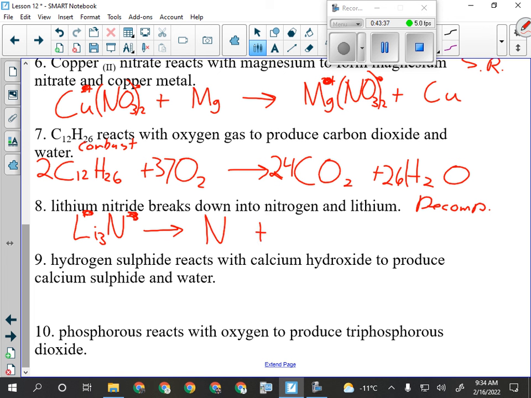Now, here's where it gets tricky. What do I have to remember about nitrogen here? It always has a 2 when it's by itself. It's one of those special elements, and here is where that is important.